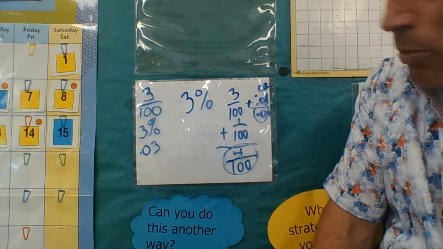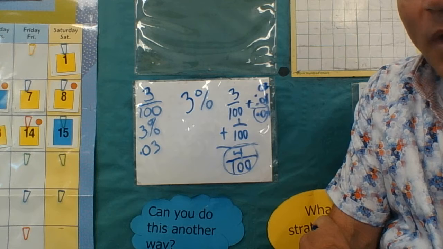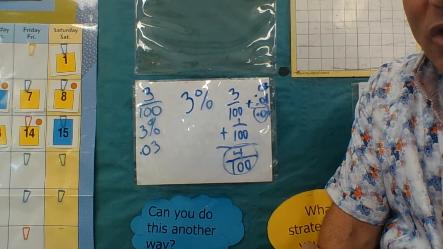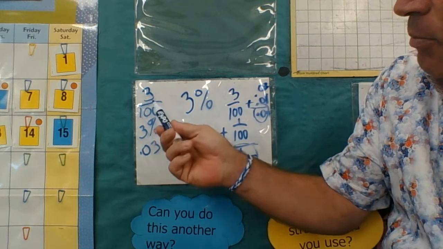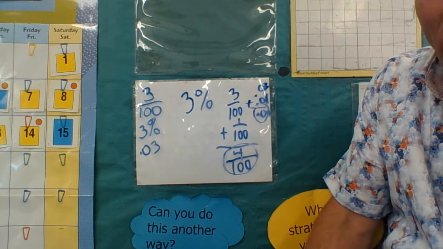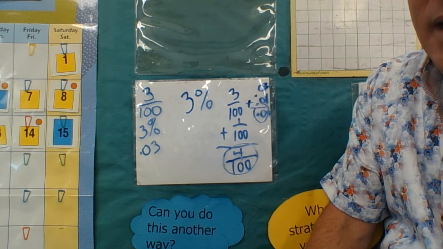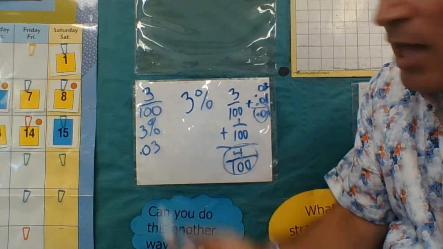You can't take 3% and multiply it by something else in 5th grade right now. Right now, what we want you to do is understand the concept that 3% means the same thing as fractions and decimals. So my main thing I want to share today is how you convert a percent into something that you can manipulate.